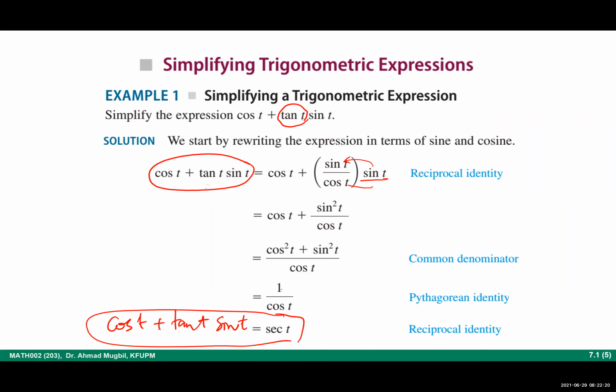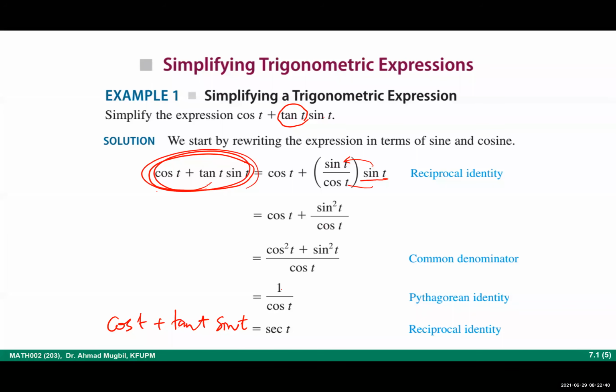They may ask you, of course, to prove that this equals this, and it will be much easier if you know what you want. For example, you will have 5 choices to choose one of them. So you will simplify this as much as you can, then compare it with the results that you have.